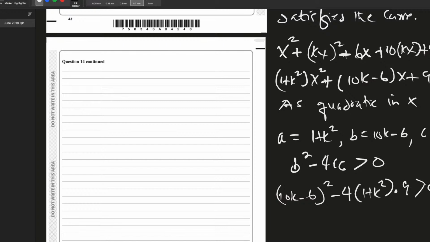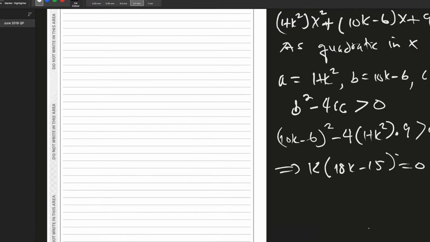So when we simplify, we are going to get k out, then 8k minus 15 is greater than 0. If we decide to make this equal to 0, then b squared minus 4ac will be greater than 0.